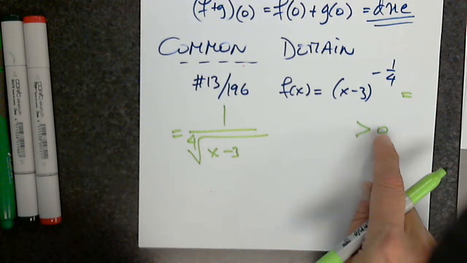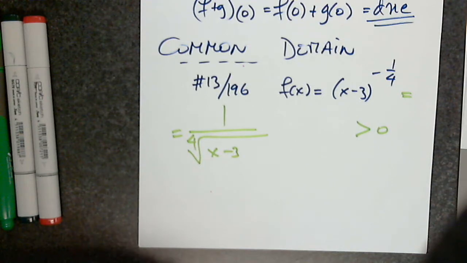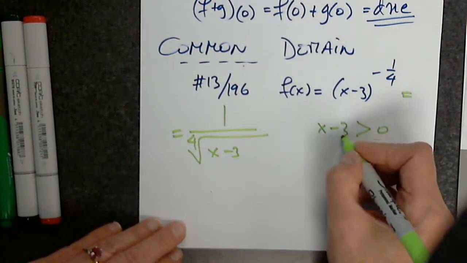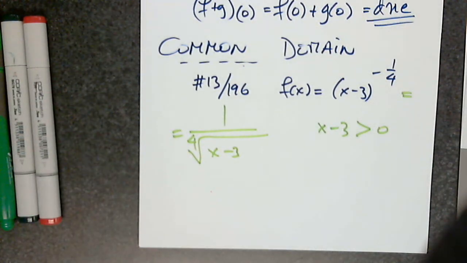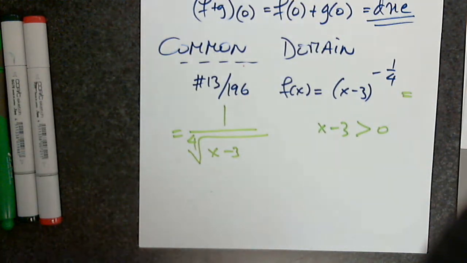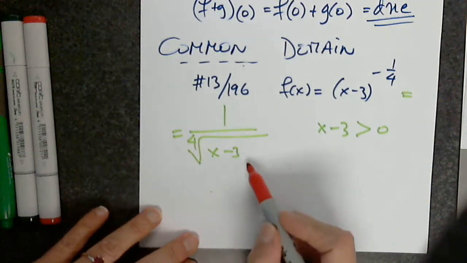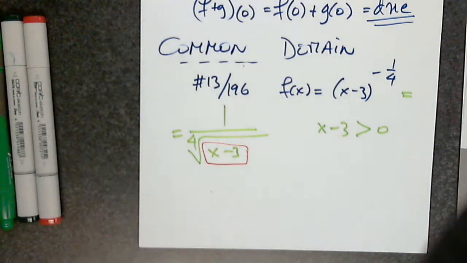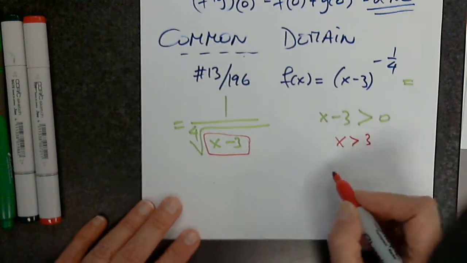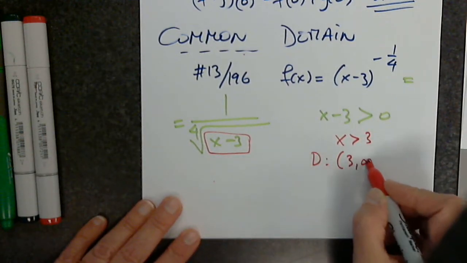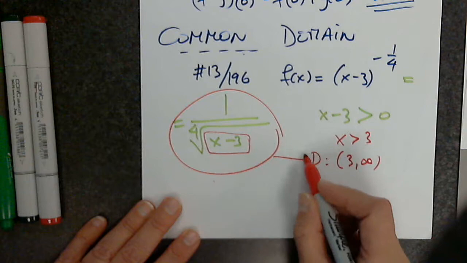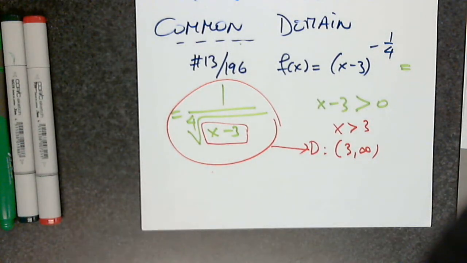I have to write something and solve: x minus 3 positive. That's it. I hope we can see this from now on. I know for some reason something is difficult with these radicals. Exactly. This quantity must be greater than or equal to 0, but now there is a problem since it's in the denominator. I cannot allow it to be 0. So x is greater than 3, so the domain is 3 to infinity for this function. Very good.